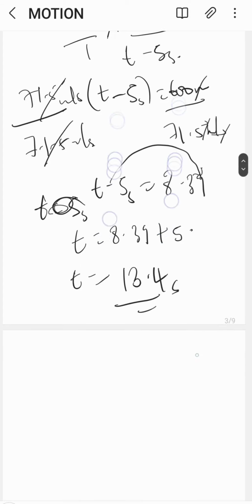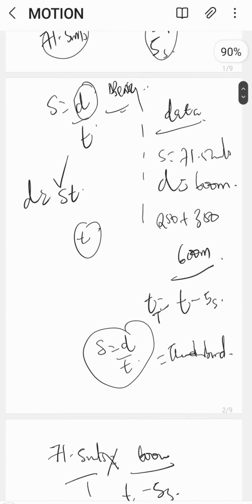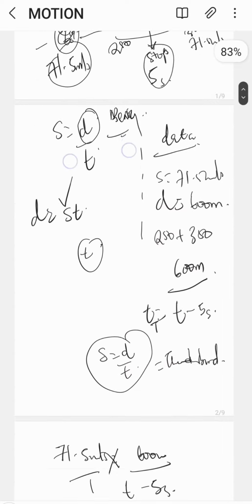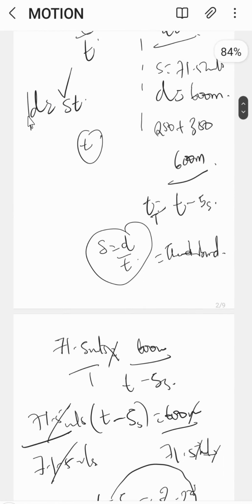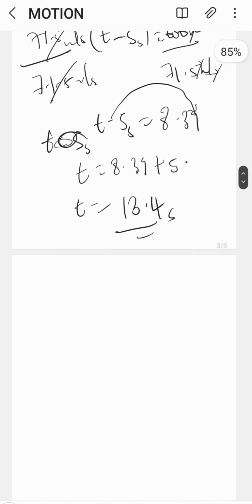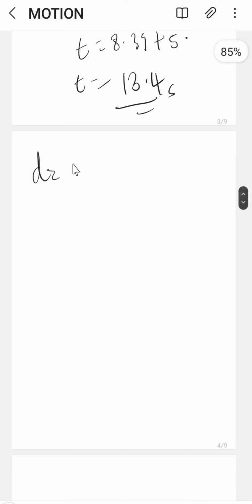And as such we can replace this time variable in the equation for the Mercedes Benz, where distance is equal to speed times time, because the time variable is the same as that of the Mercedes Benz.